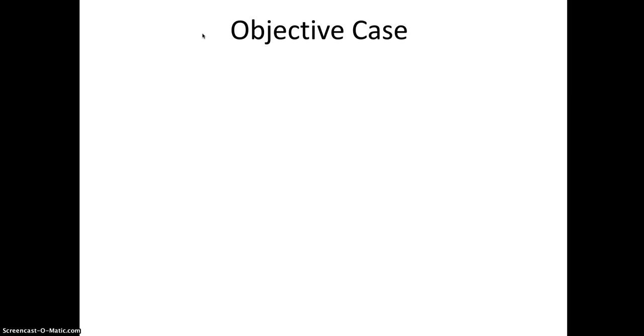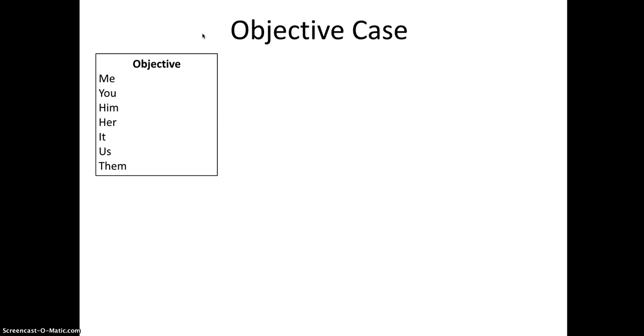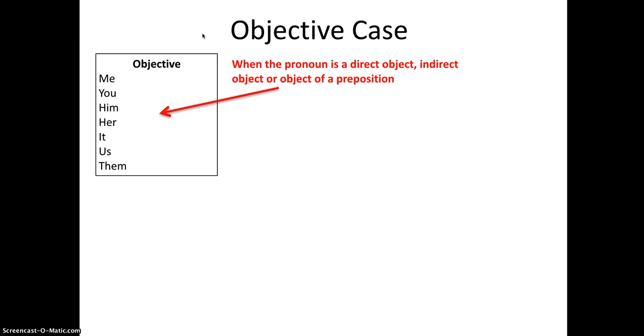Next, we'll look at the objective case. So we use the objective case when pronouns are a direct object, an indirect object, or object of a preposition. So first we'll look at direct objects. We have the sentence, "Dad took her to the doctor."